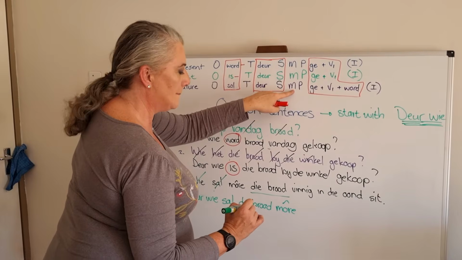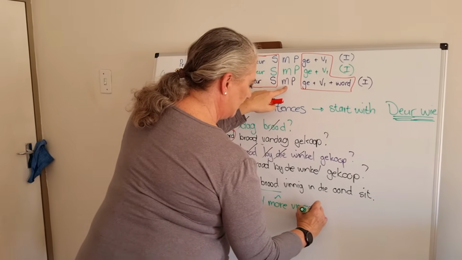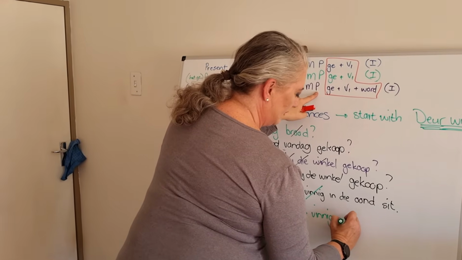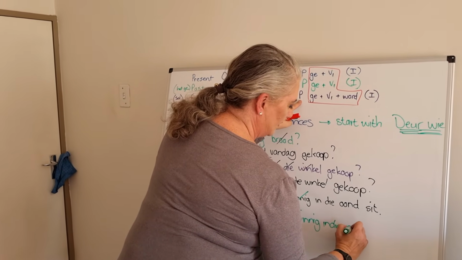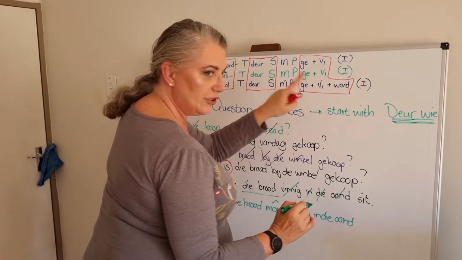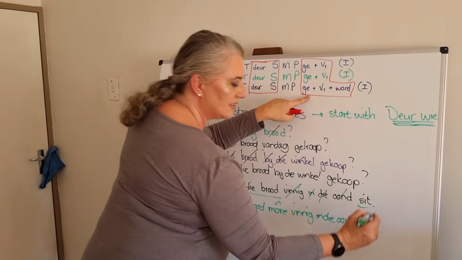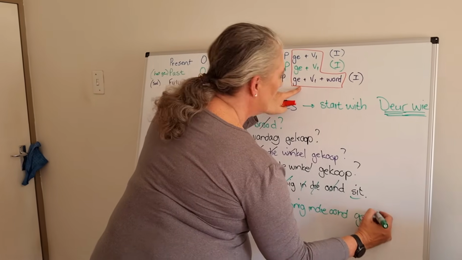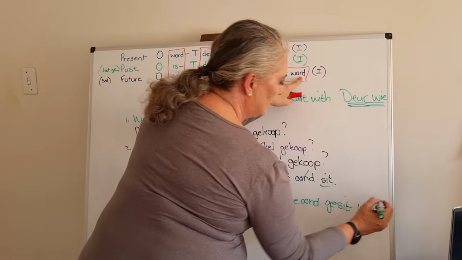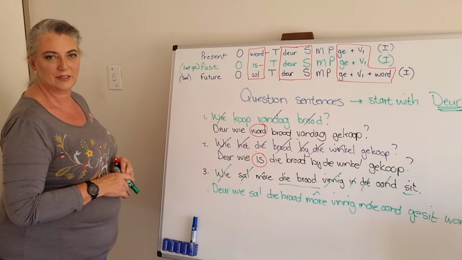We have that already. Manner. We have that one, vinnig, quickly. Place, in die oond. Future tense, ge. Which one is left? Sit, gesit. And do not forget word. And there we have the passive voice in a question format.